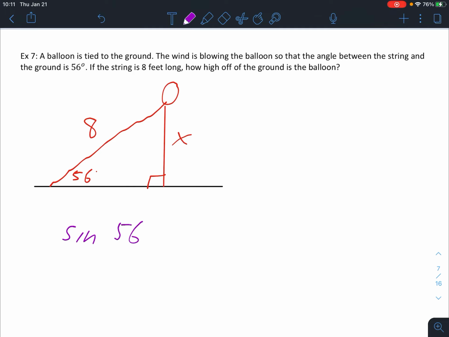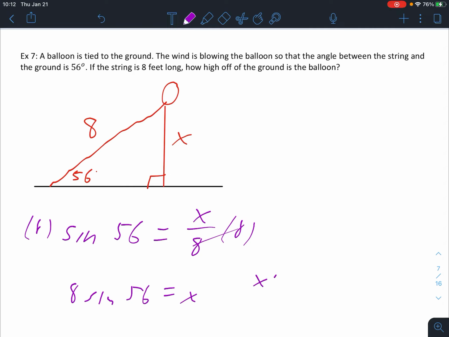Sine of 56 equals the opposite leg over the hypotenuse. Multiply both sides by 8. And we get 8 sine 56 equals x. We can type that into our calculator. And x is approximately 6.63.